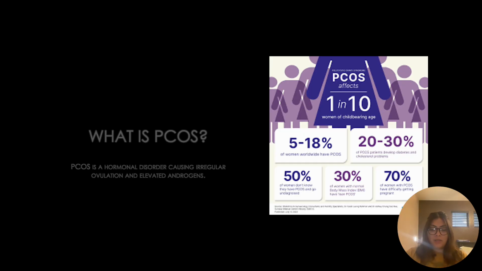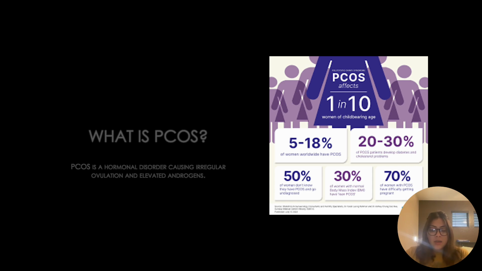So, what is PCOS? PCOS is a hormonal disorder in which the ovaries do not function normally. Instead of releasing an egg each month, many follicles stop developing midway. Because ovulation doesn't happen regularly, hormones become unbalanced, especially androgens, which are male-type hormones, kind of like testosterone.